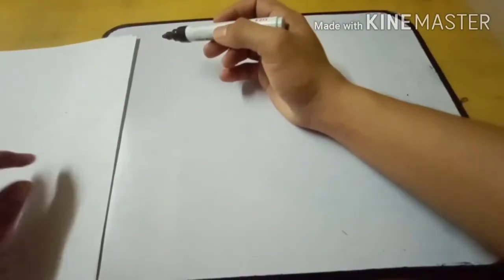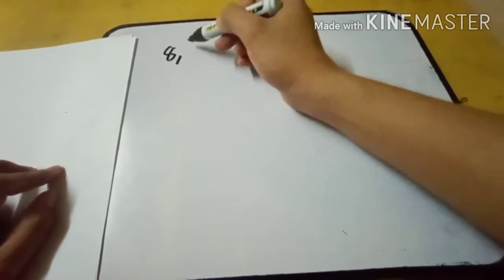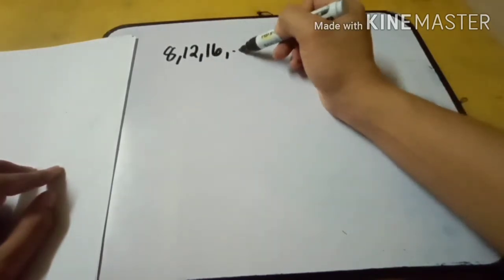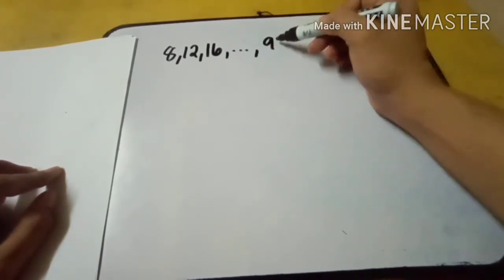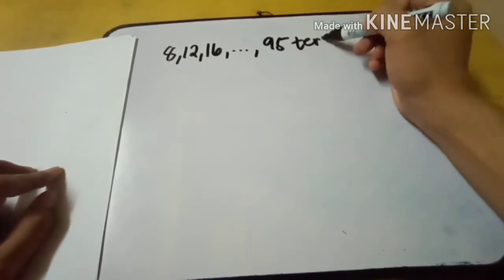Now let's try to find some of the indicated terms of an arithmetic sequence. Let's study this given example. Let's say we have 8, 12, 16, and so on and so forth, until the 95th term.